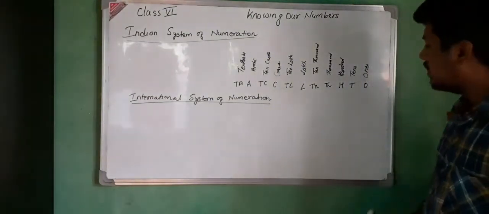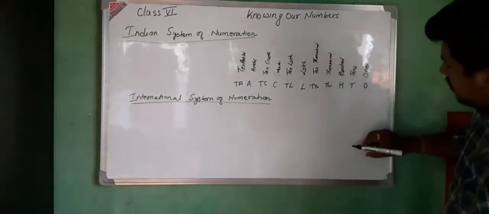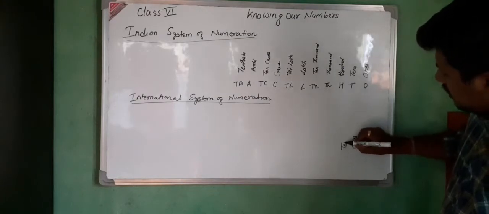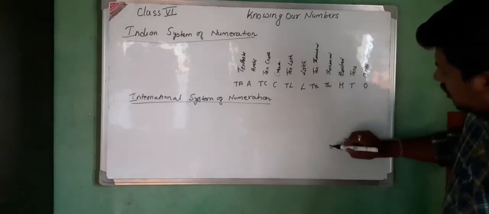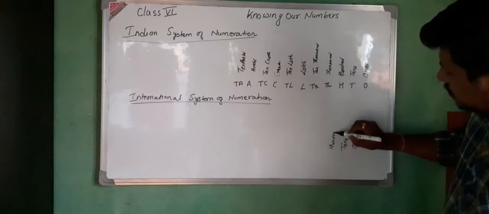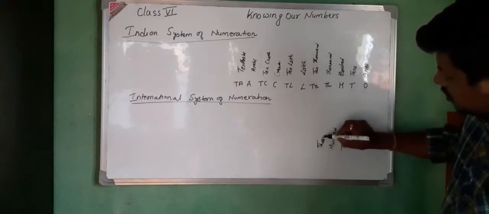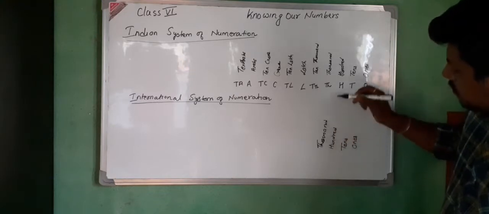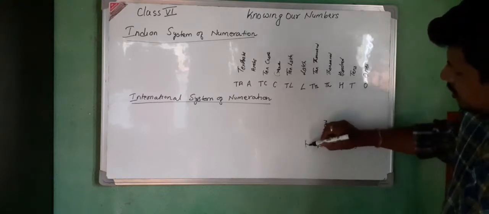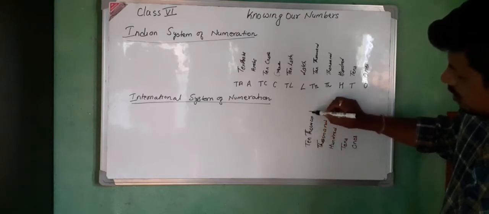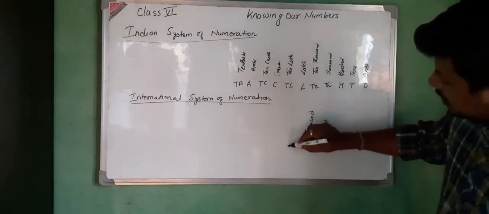In the international system, we have ones, tens, hundred, thousand, 10,000, then 100,000.